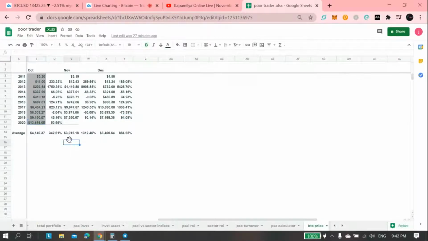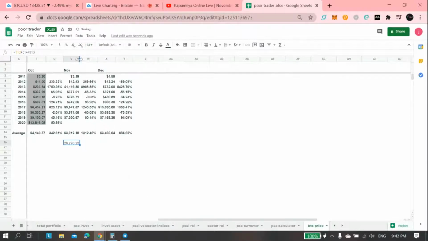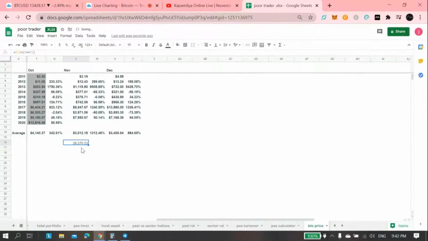Because the 13,816, anyway, I use Bitstamp, in this amount times 1 plus this one. So that's a possible 27,000 a while ago, 26,270. And if another 90% times 1 plus, that's very much bullish.